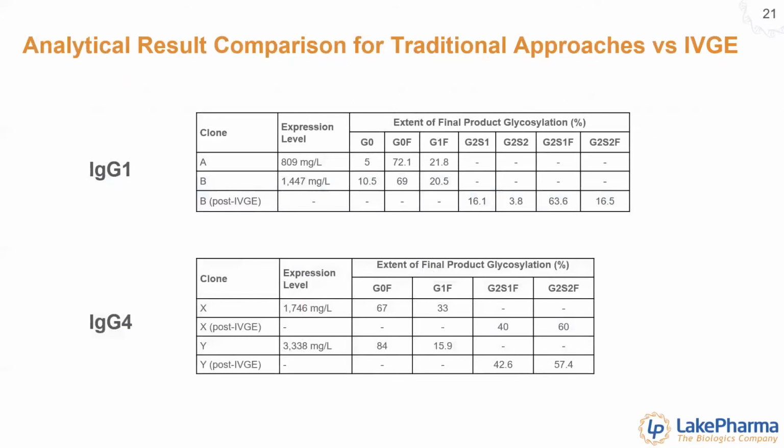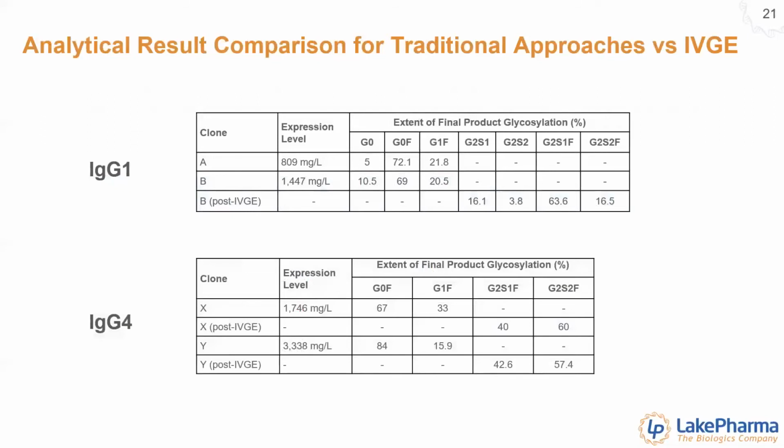But post IVGE, we can see that the G0, G0F, G1F essentially all converted to either G2S1, G2S2, G2S1F, or G2S2F. So very different glycosylation species profile.